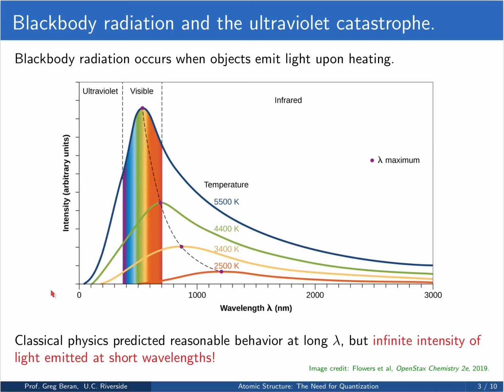This is what's called the ultraviolet catastrophe. It would predict that there's infinite intensity of light being emitted at short wavelengths. Obviously, that's not correct. And it's important to stress that this error is not an error in the person deriving the model, rather it's a fundamental flaw in the laws of classical physics.